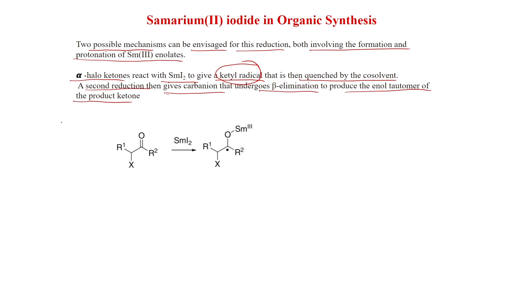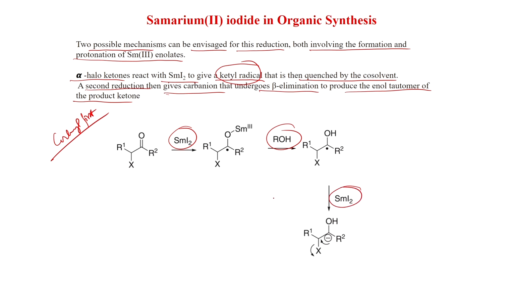Here the carbonyl is first reduced, actually we can think. So, carbonyl group is first reduced with samarium iodide to generate the radical anion, and then a proton source comes, then it becomes OH, and again another molecule of samarium iodide converts this radical to anion. So, this anion is forming, and then this anion makes the enol after liberation of X minus.